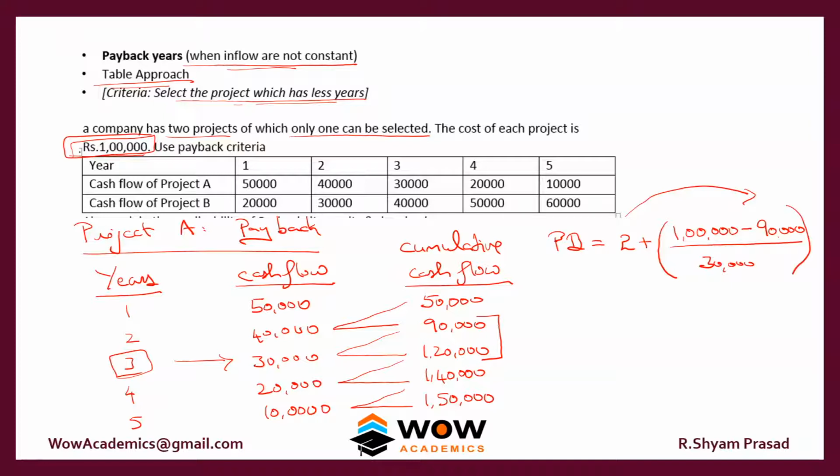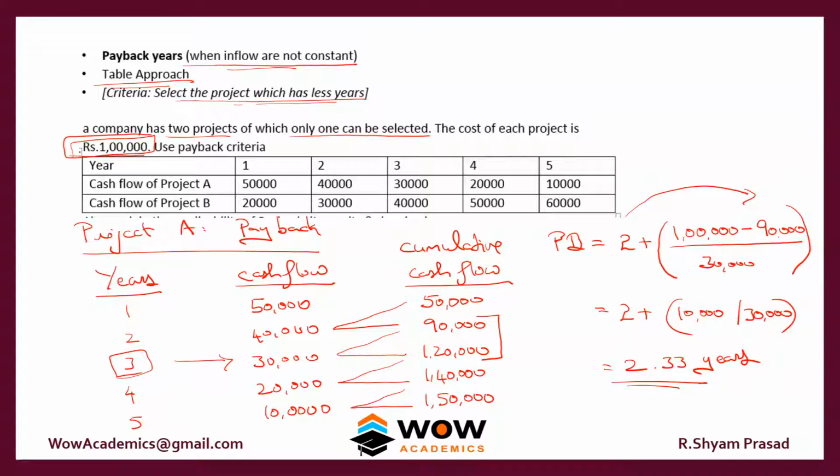So close the bracket. The formula is over. So 2 plus, solve the inside: 10,000 divided by 30,000. That comes to 2.33 years. So that is the answer. We got 2.33 years.